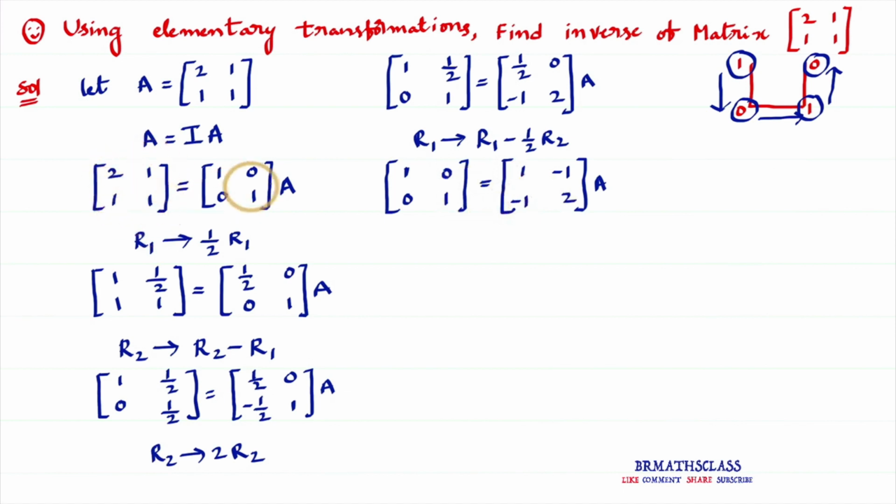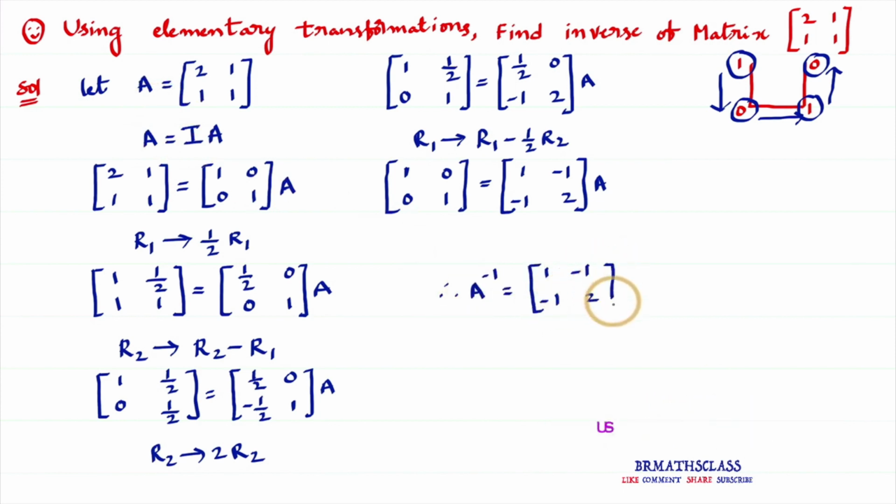By what intention we started this problem? I want to make this into an identity matrix. You can observe here, I got the identity matrix. To make this matrix into an identity matrix, I followed the U rule. That is important. So once you got the identity matrix, whatever the matrix present here is known as the inverse of the given matrix. Therefore 1, minus 1, minus 1, 2.